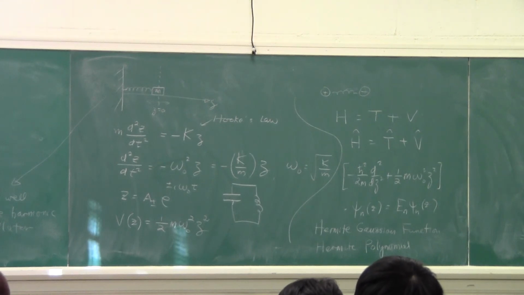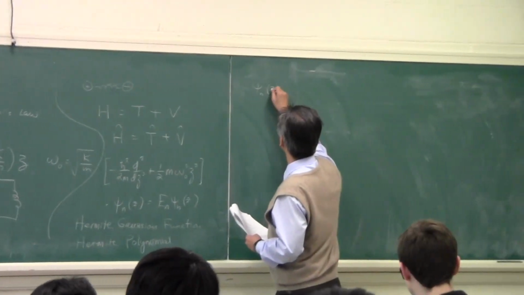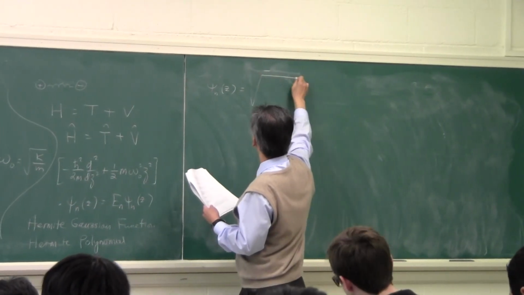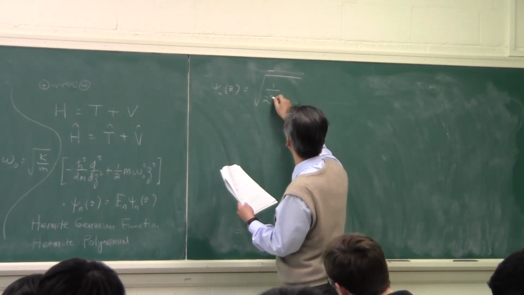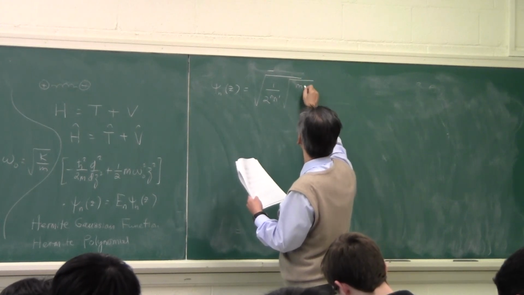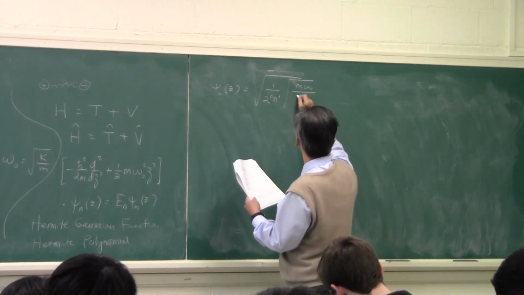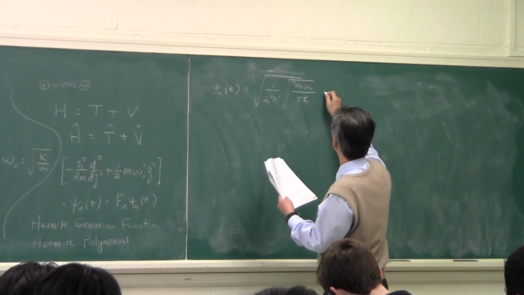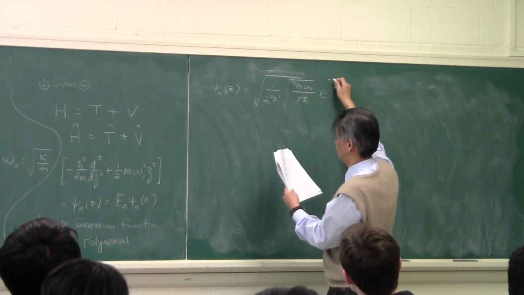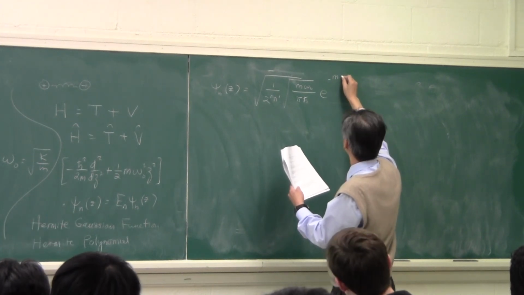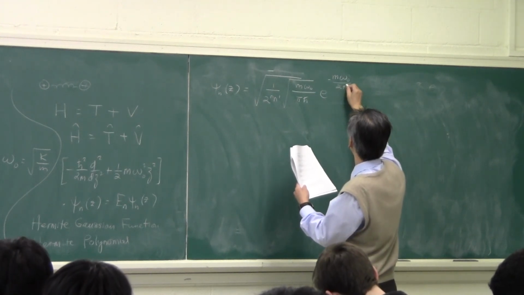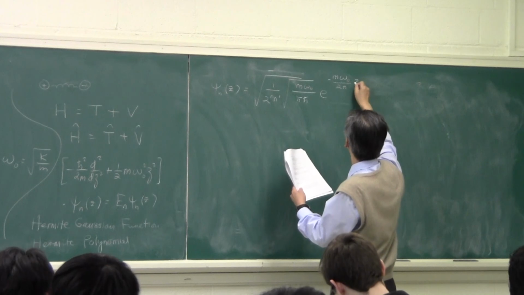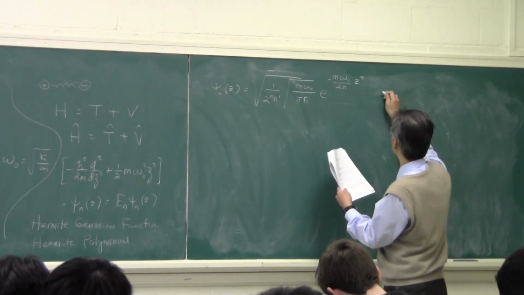So at this point, I wouldn't derive the solution, but I would just write it down for you. This solution is given by 1 over 2^n n factorial, m omega naught over pi h bar, and then multiplied by a Gaussian function, not Hermite-Gaussian. Okay, Gaussian function. And then multiplied by a Hermite polynomial.